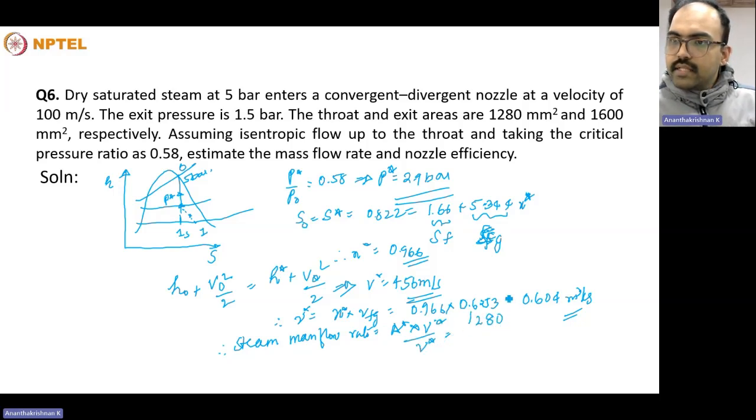We know the area as 1280 millimeter squared at the throat.